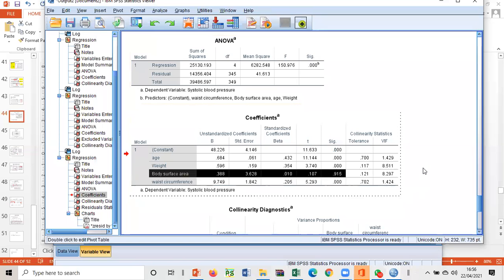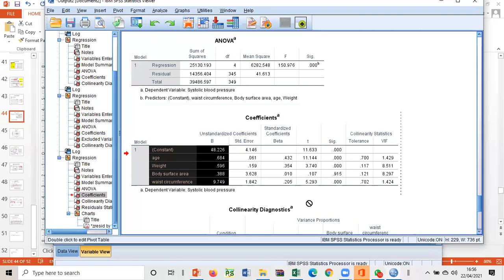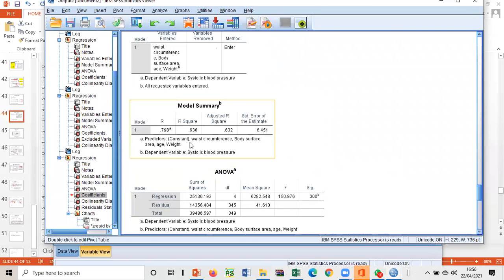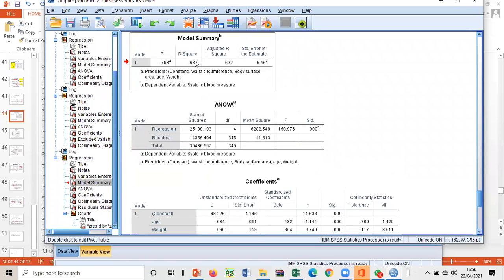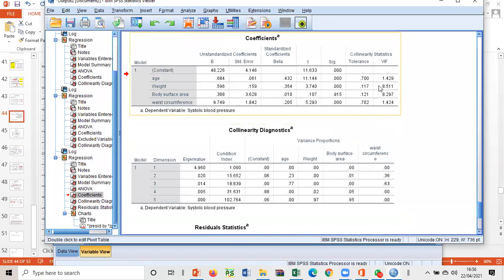Is there a problem of multicollinearity? Yes, VIF values are high. Can I write the equation? Okay, write the equation based on these two. Next, what's R square? R square here, so what does it mean? So now one assumption here is not met.